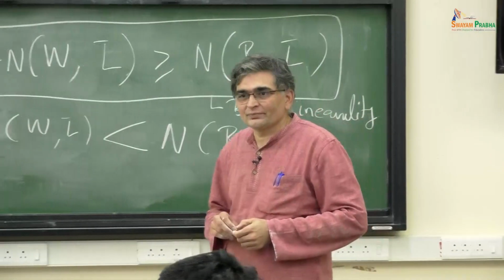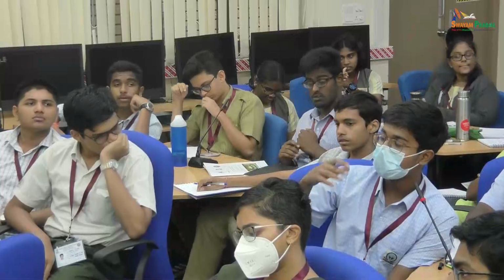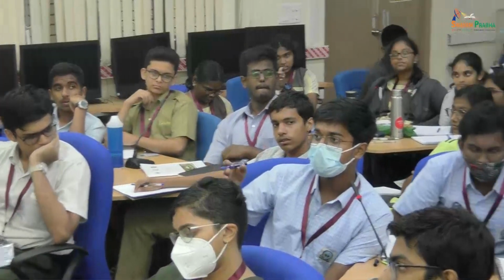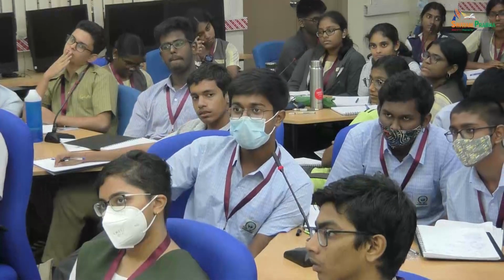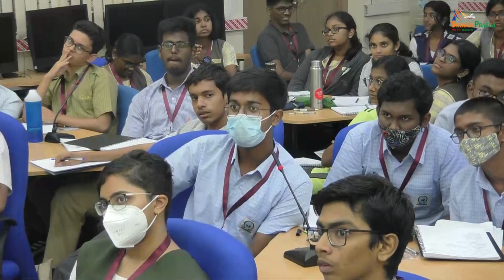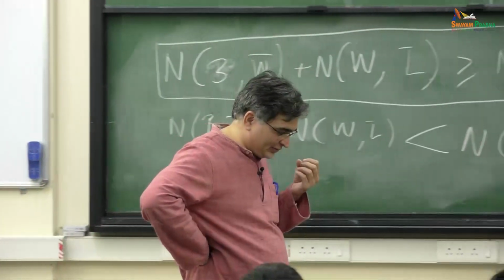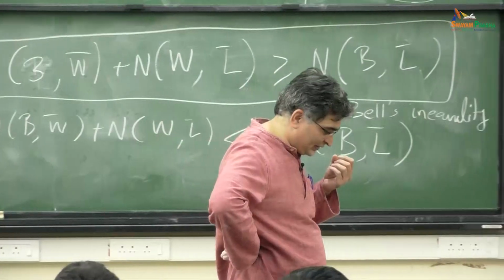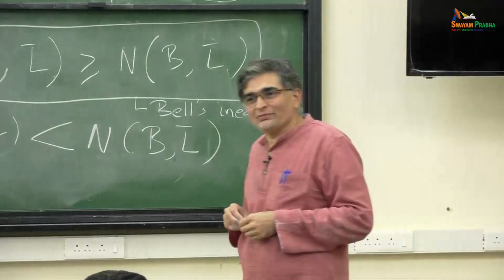Sir, unlike set theory, is there a possibility for an electron to be black or white definitely, or can the electron be black and white at the same time to some extent? The way in which this puzzle is solved by physicists is they say that the electron is in a superposition of being black and being white.